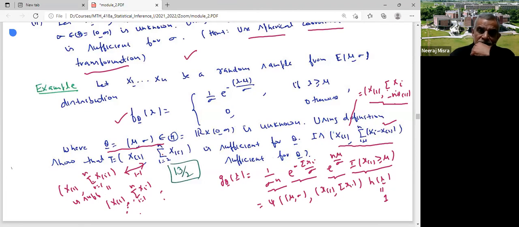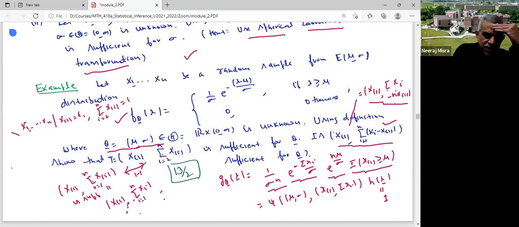What you have to do is show that the conditional distribution of x1, x2, xn, given that x1 is equal to t1 and summation i is equal to 2 to n xi is equal to t2, does not depend on mu and sigma. So let me just leave it over here, try to show that this does not depend on mu and sigma.